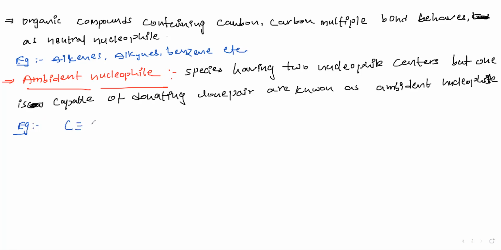Examples for ambident nucleophile: C triple bond N, cyanide. In C triple bond N, the carbon will get the negative charge, and the nitrogen has a lone pair. One more example, HSO4 minus.